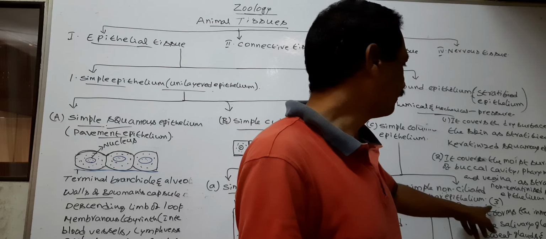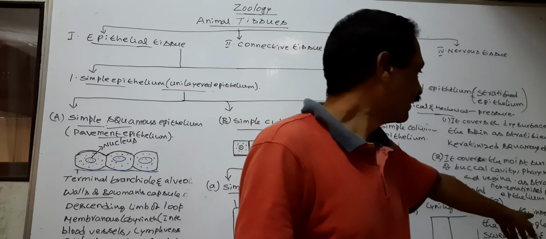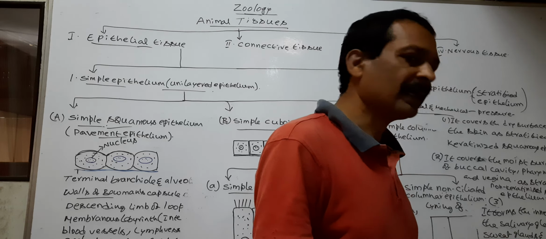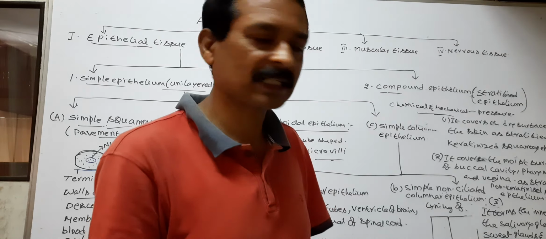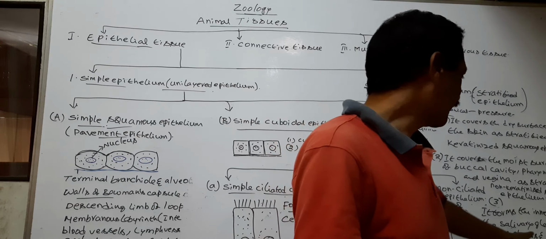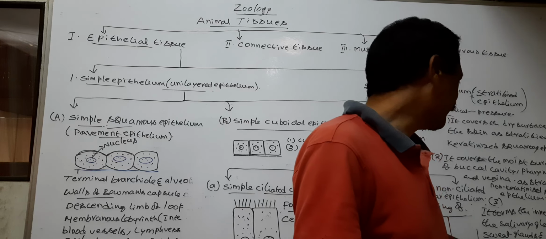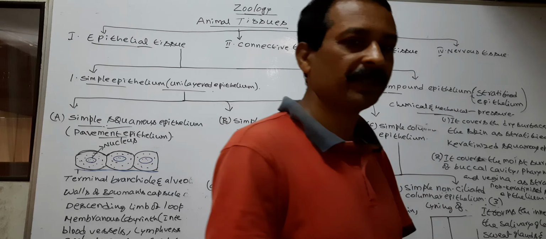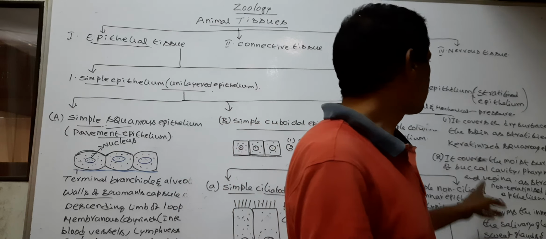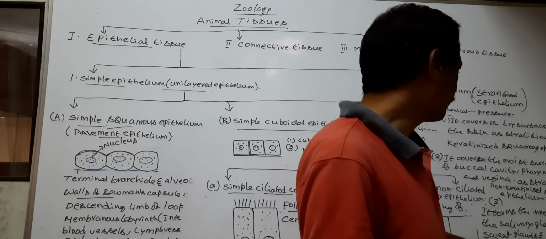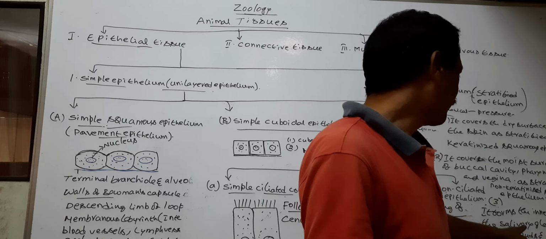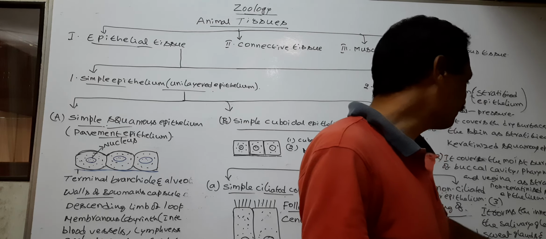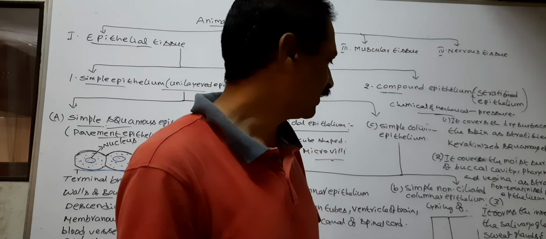Next, the compound epithelium forms the inner lining of the salivary glands, sweat glands, and pancreatic ducts as stratified cuboidal epithelium. Sweat glands are present in our skin. So the compound epithelium in the salivary glands, sweat glands, and pancreatic ducts is called stratified cuboidal epithelium.